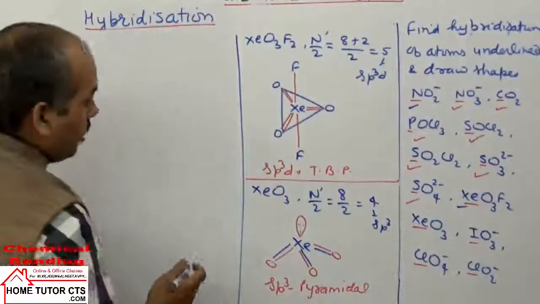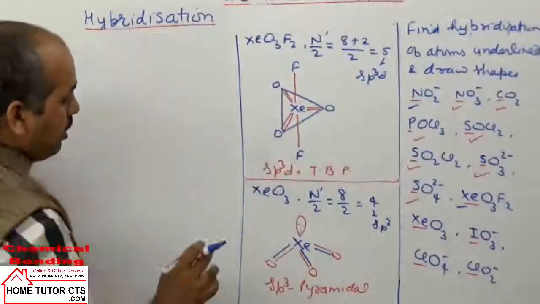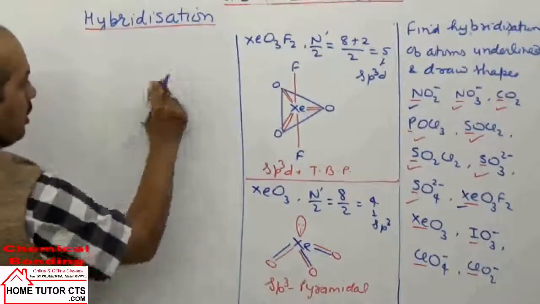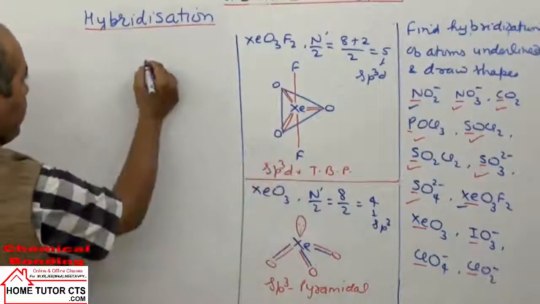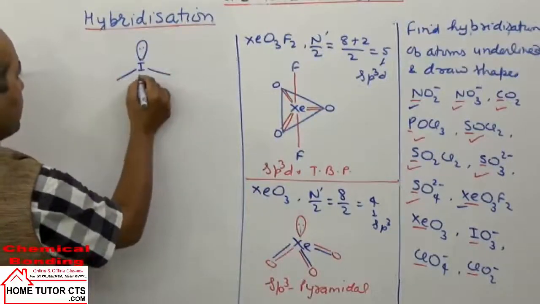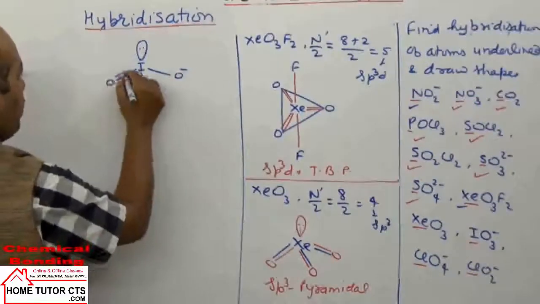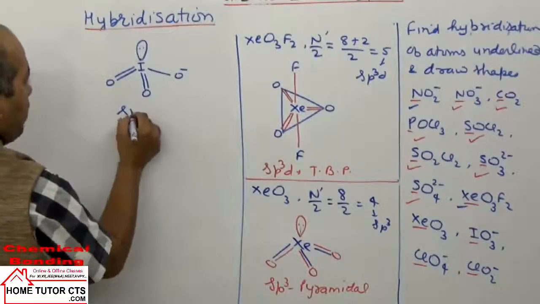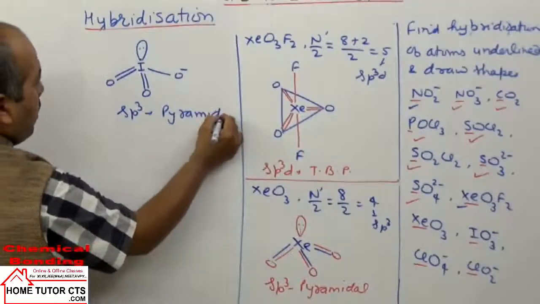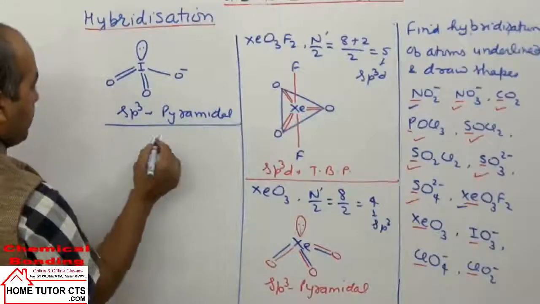Next taken IO3 minus. Now I'm just giving the answer to you directly right now. For IO3 minus, we will have hybridization sp3. अब check कर लीजिए directly. 1 lone pair, 3 sigma bonds, charge -1, so we have 2 double bonds. It has hybridization sp3, shape pyramidal. Next taken ClO4 minus.